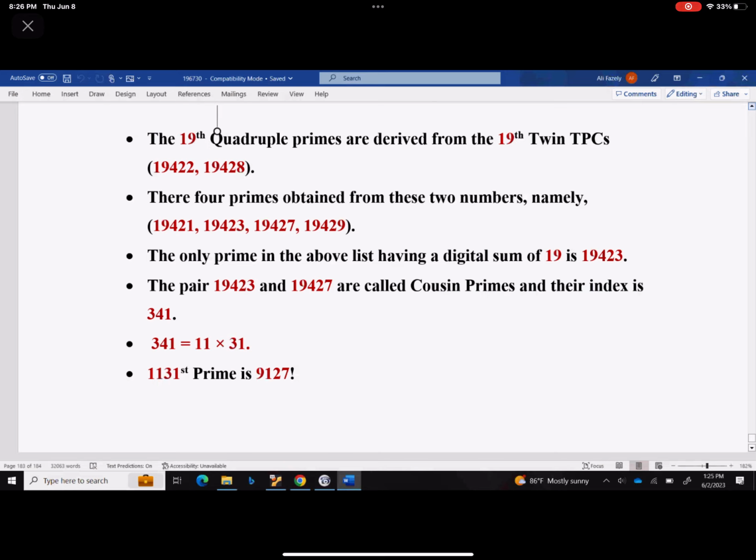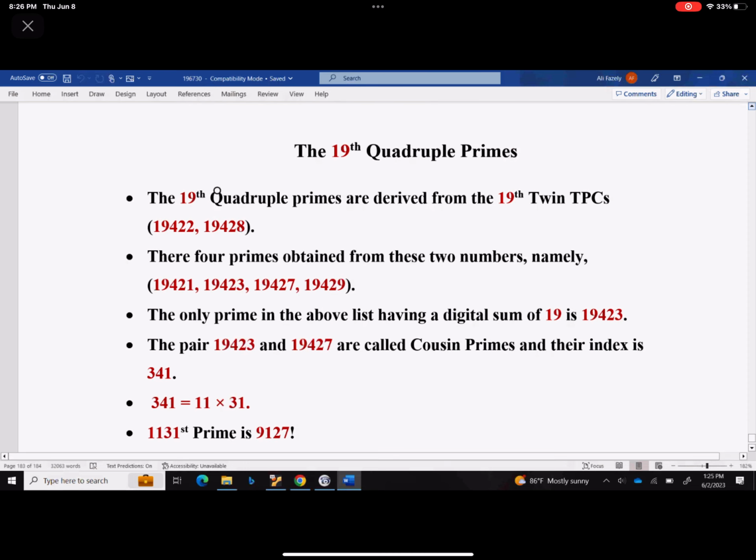The pair 19,423 and 19,427 are called cousin primes, and their index is 341. What is 341? 341 is 11 times 31. The 1131st prime is 9127. Can you imagine this? This is absolutely mind-boggling. God insists upon this.